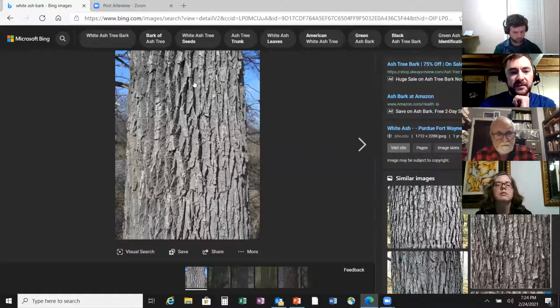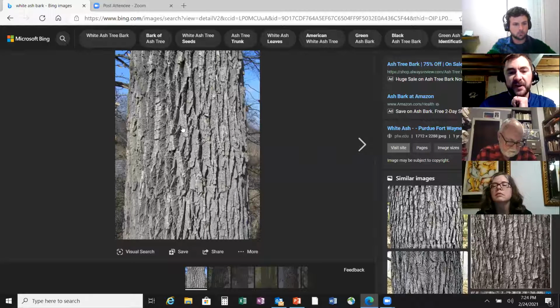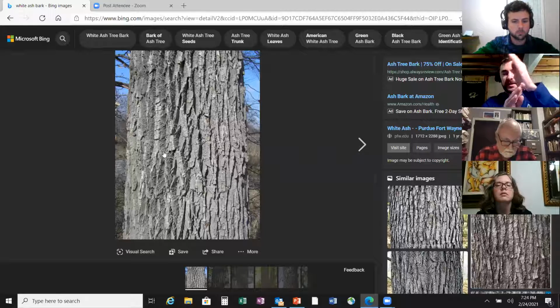It has these striations, and the pattern of ash is very distinct, and how these striations appear as the tree gets older. They start to weave themselves together in a diamond-like pattern as you look up the trunk.